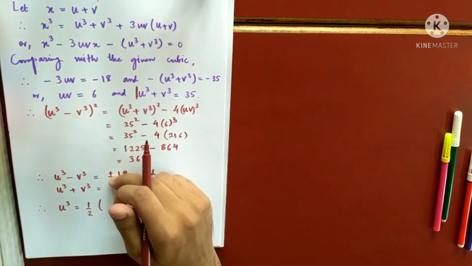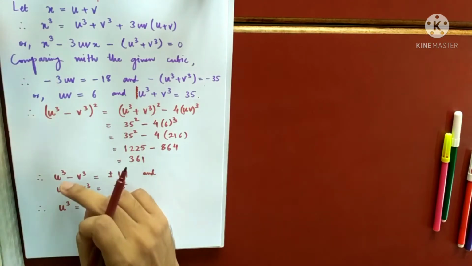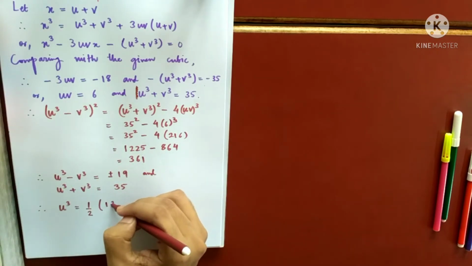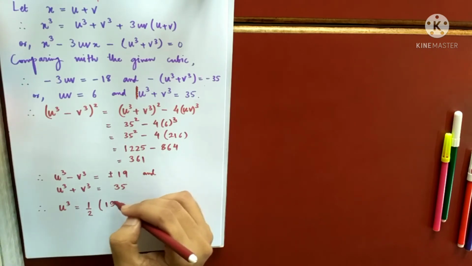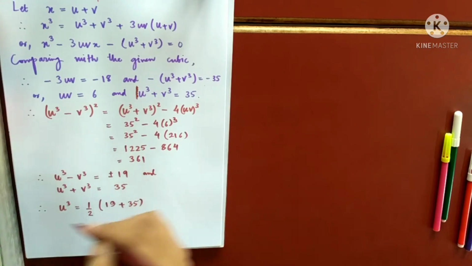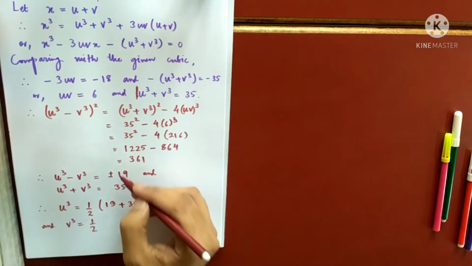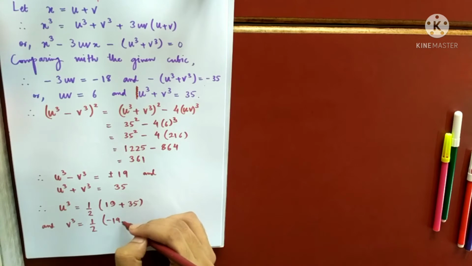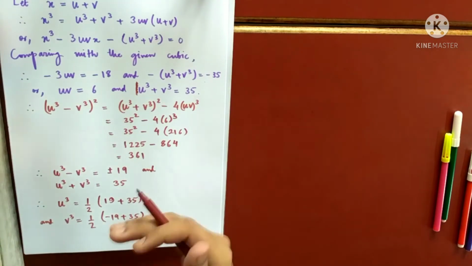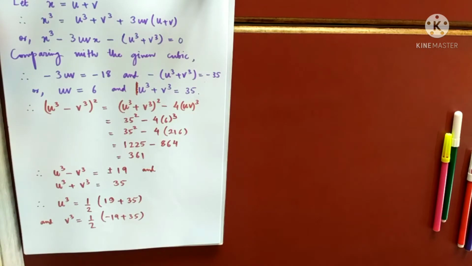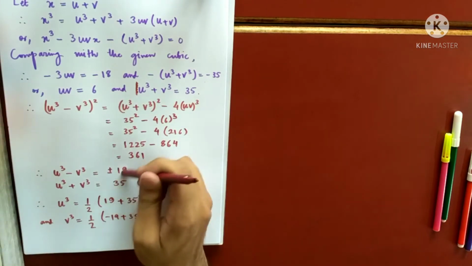If you take positive and negative both, that will just waste a lot of time. So I'll tell you, one of them will be 19 plus 35 and the other, you take just here, minus 19 plus 35. This is always true even if you do it manually. This will only come for sure. So remember one thing, once you will take minus 19, once you will take plus 19.